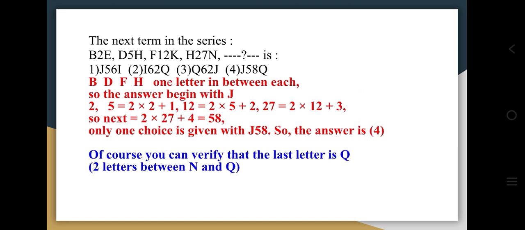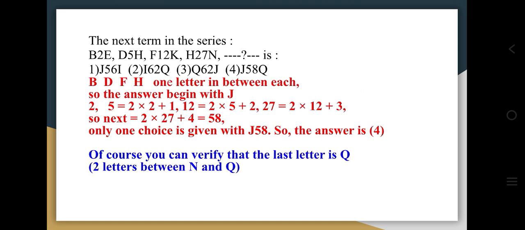Then after 12, 27 is there. So 27 is 2 into 12 plus 3. So the next one is 2 into 27 plus 4, that is 58.